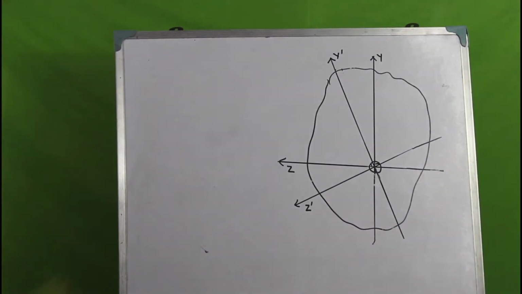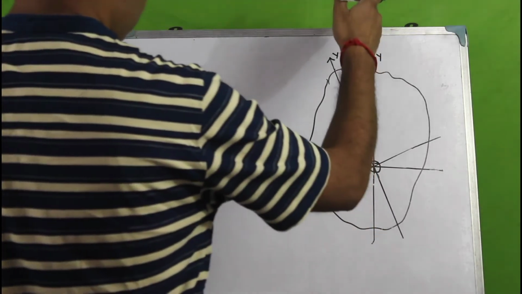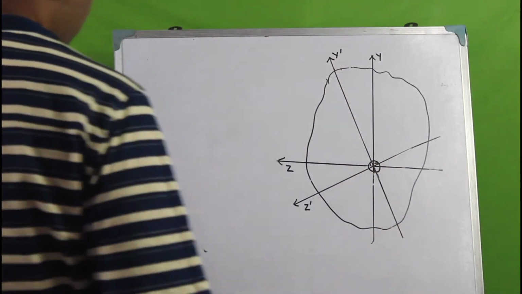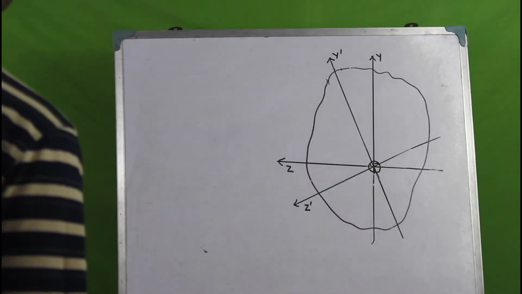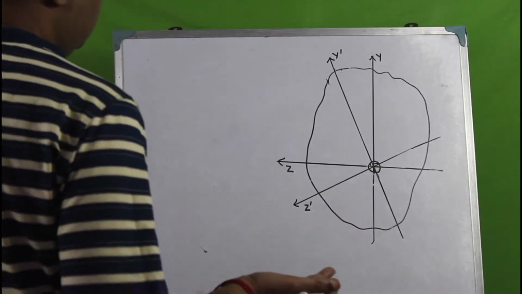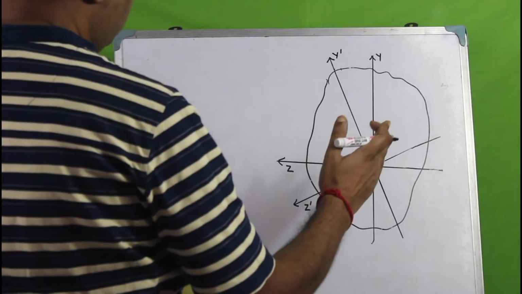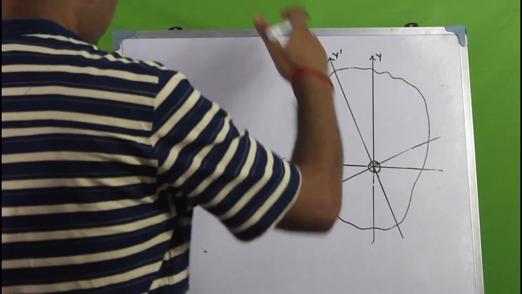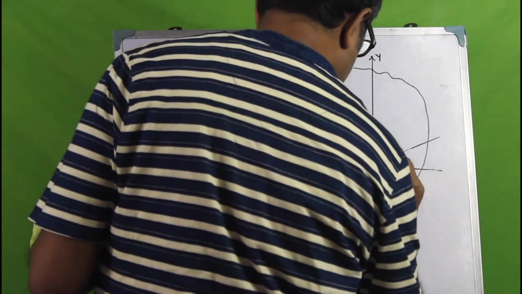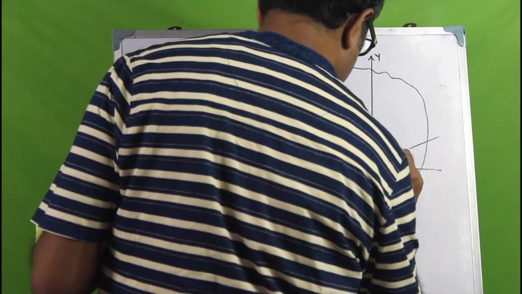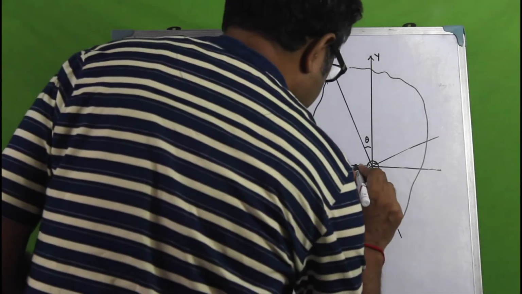So we have this cross-sectional area as we have drawn on the board. y and z are one set of centroidal axes about which we know the values of the moment of inertia and the product of inertia. And let us consider another set of centroidal axes y dash and z dash inclined to the previous set of centroidal axes by an angle theta.